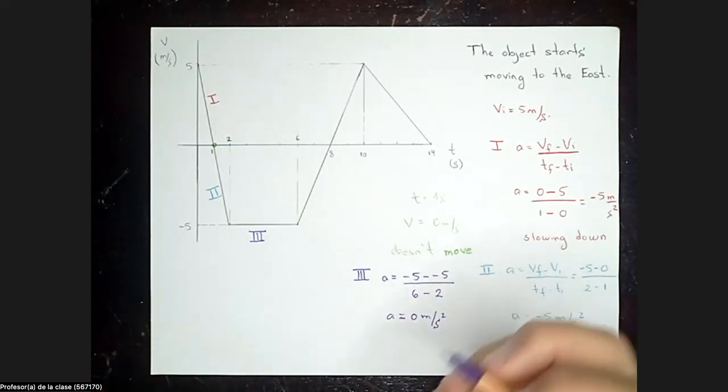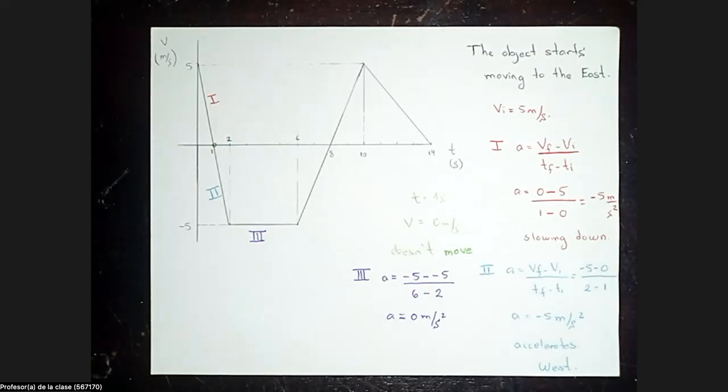When acceleration is 0, we have two different options to interpret what is happening here. Number one, the object doesn't move, and number two, the object is moving, but in this case, at a constant velocity. And that is what is happening right now.